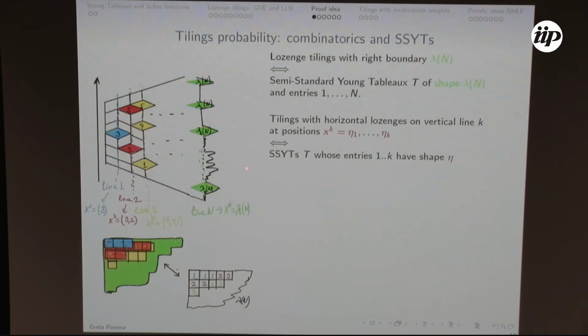Is it okay? So the scaling that we are using and the convergence that we are proving is different from what you're saying. I hope that one is clear.